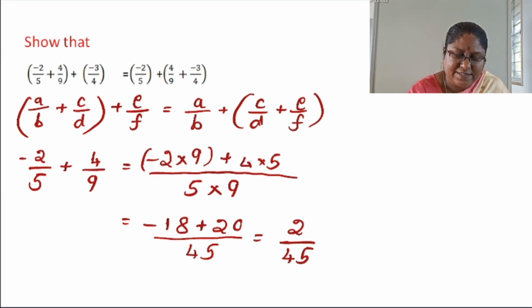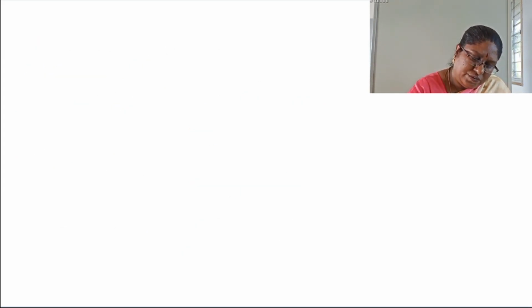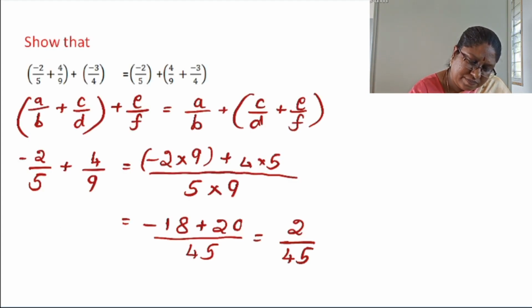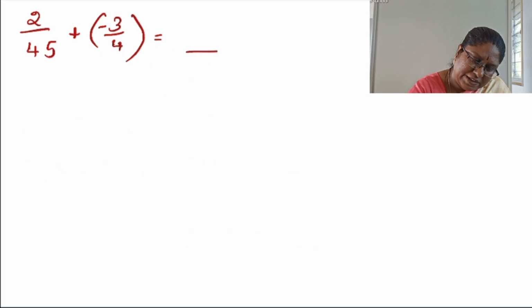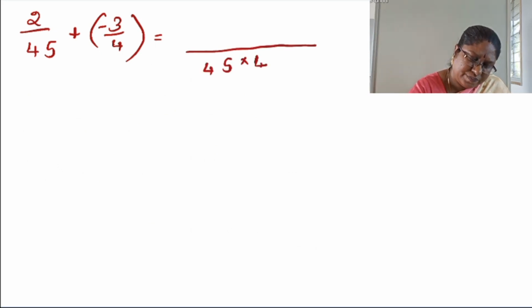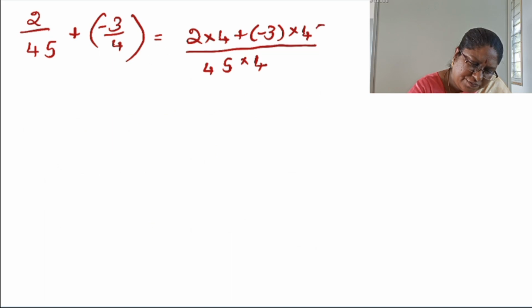Till now we have minus 3 by 4. So, 2 by 45 plus minus 3 by 4. Cross multiply: 45 into 4, 2 into 4 plus minus 3 into 45.